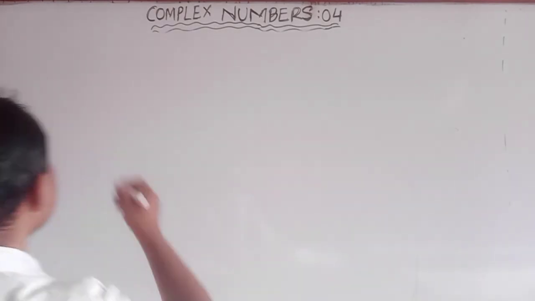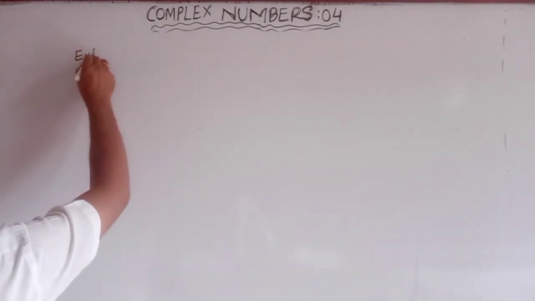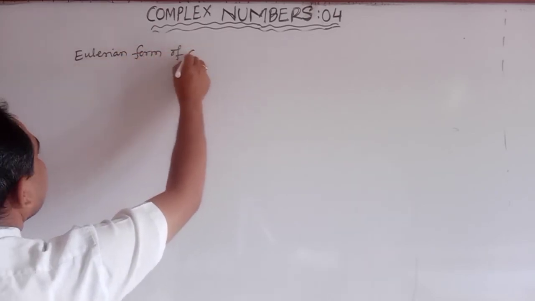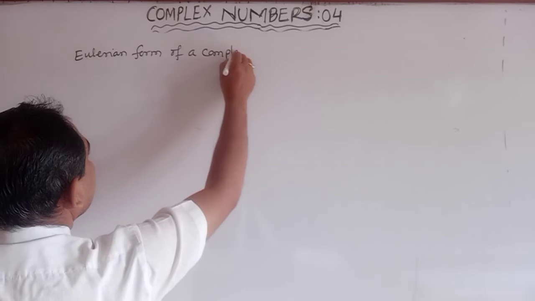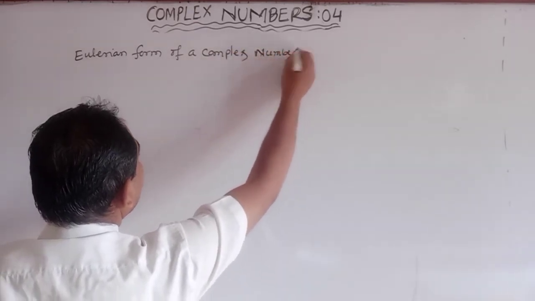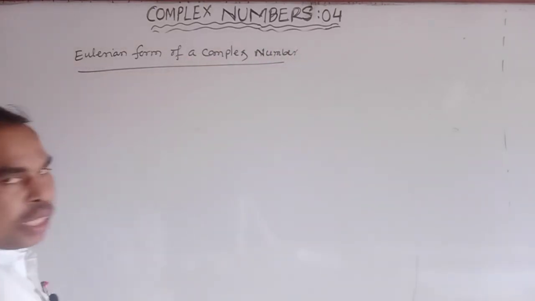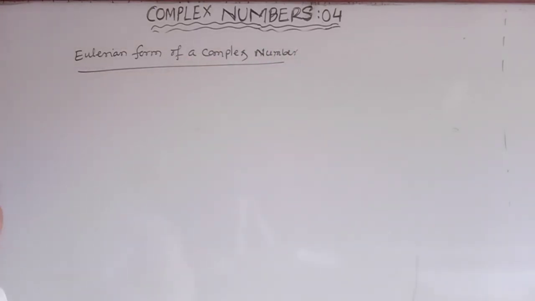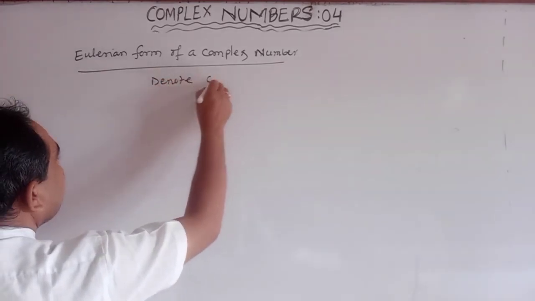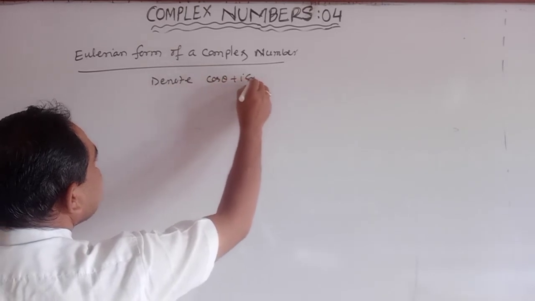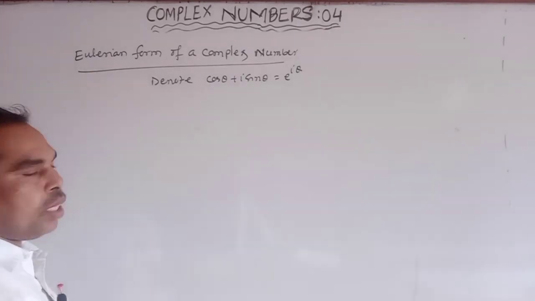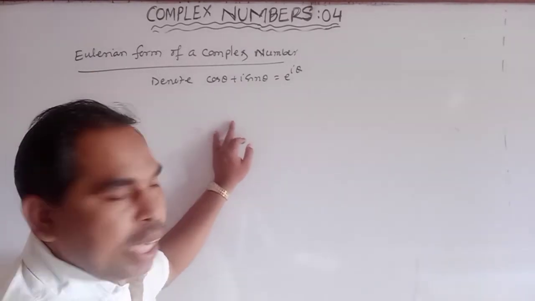Eulerian form of a complex number. Okay. Denote cos theta plus i sin theta is equal to e to power i theta. Cos theta plus i sin theta is equal to e to power i theta.